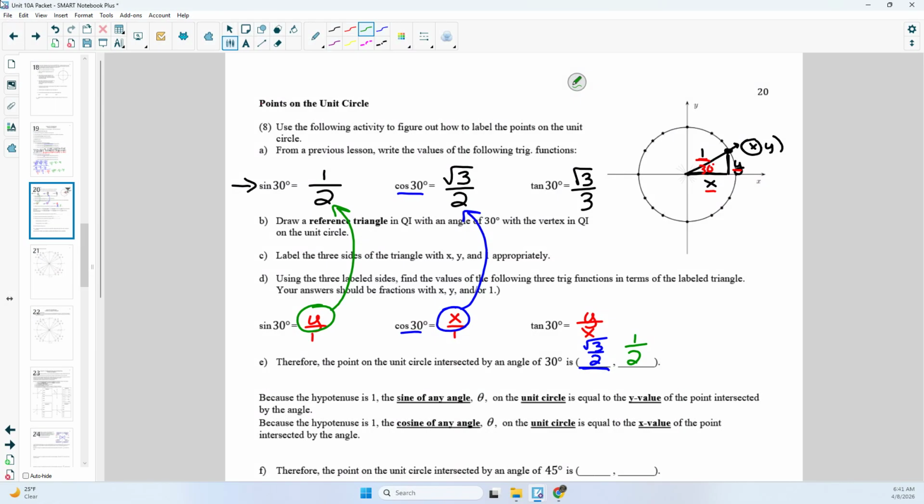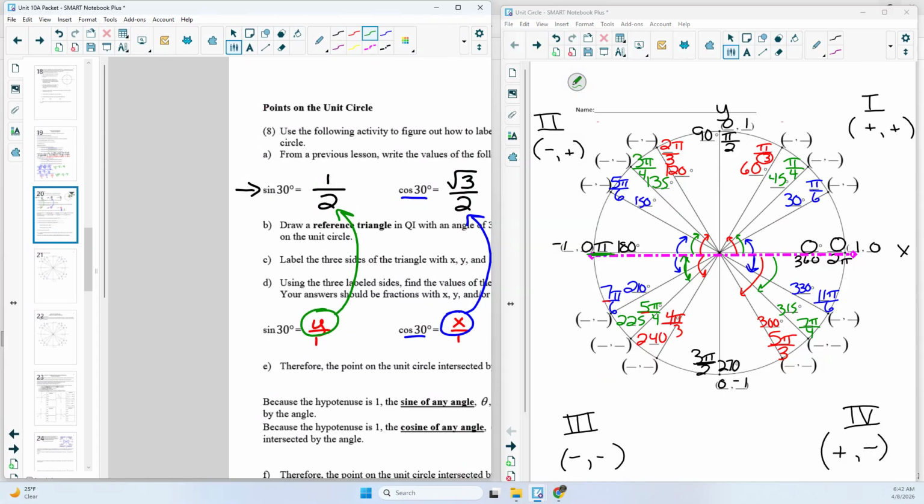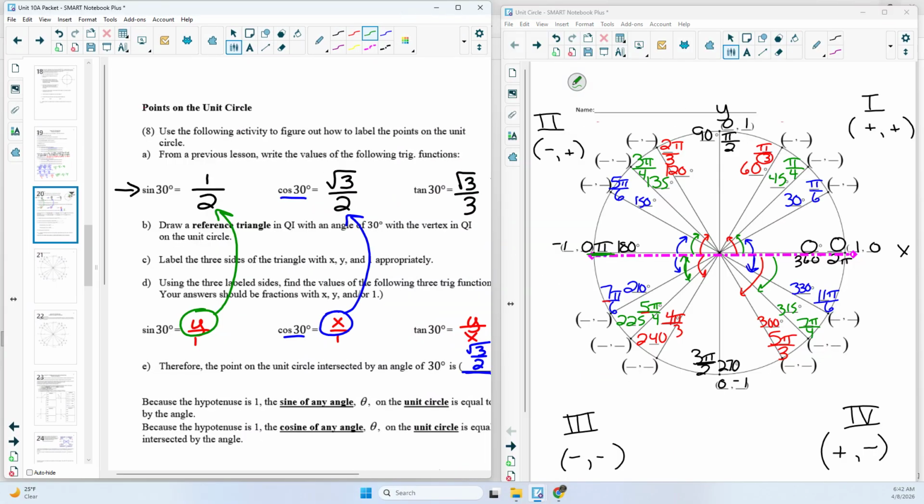Now all of this works because of the nice hypotenuse of 1 on our unit circle, but that is the point that goes there. So if I went back over to my unit circle, I'm going to keep my colors going, that means I could put the square root of 3 over 2, 1/2 in that spot.